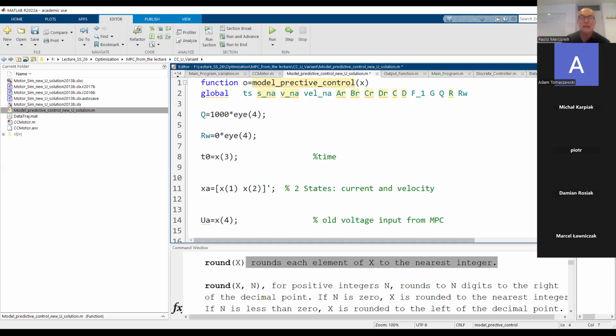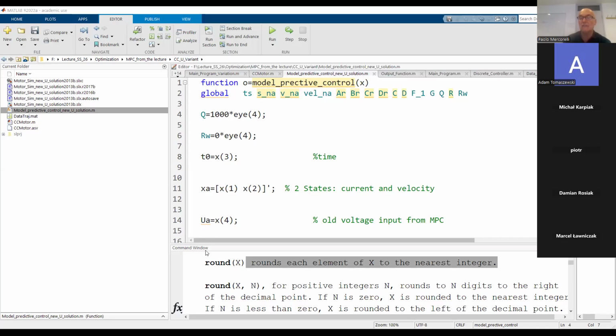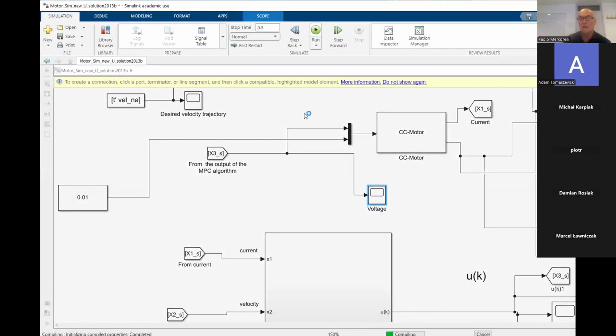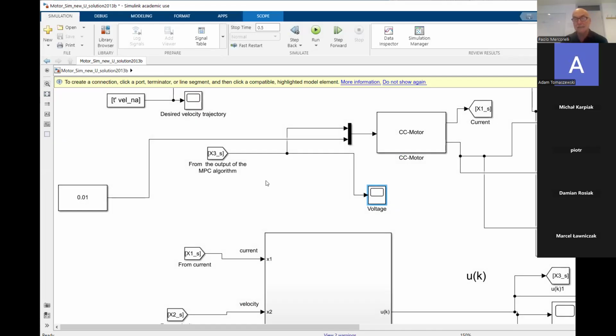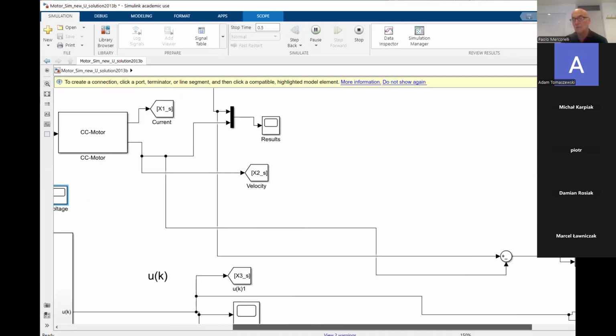And for instance, I have to reduce this. Now we will see that the input will be less. This means the error will be larger, and this depends on what is acceptable for us. It could be acceptable, could be not acceptable.